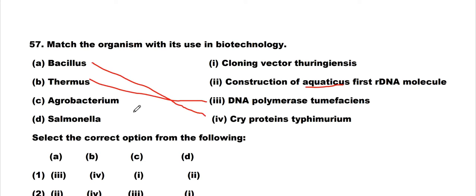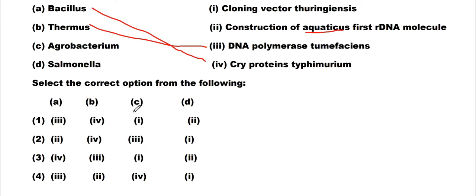Next, Agrobacterium. Agrobacterium is a cloning vector. Agrobacterium will be for cloning. Next, Salmonella. Salmonella is construction of the first DNA molecule, right? So for this, your answer will be 3.